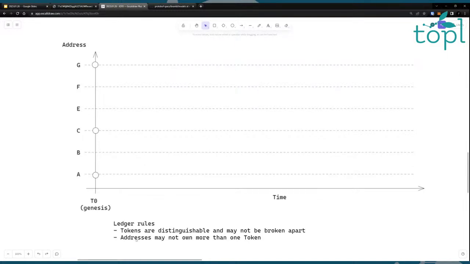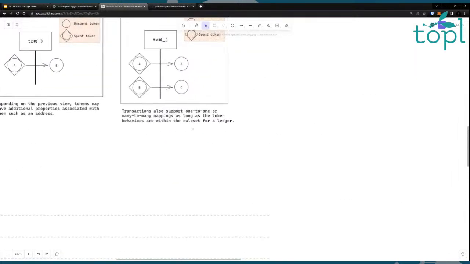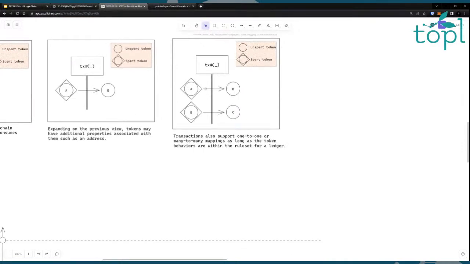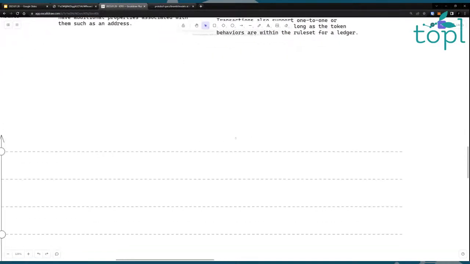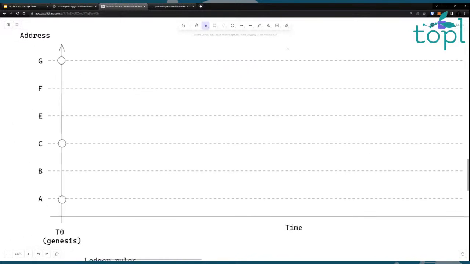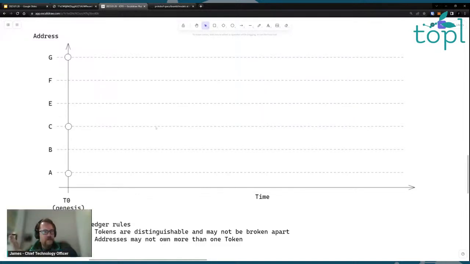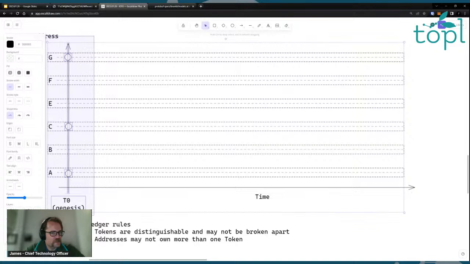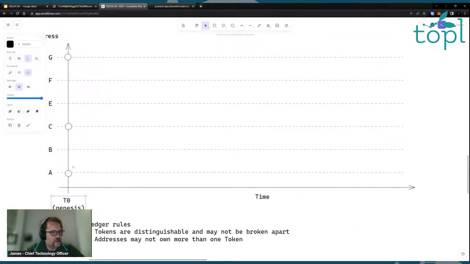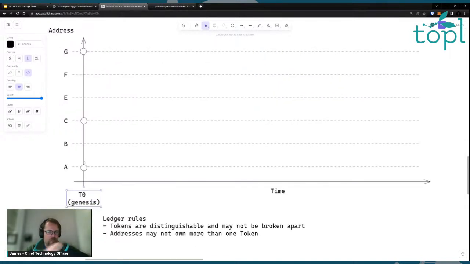And I'm going to add the additional constraint that addresses may not own more than 1 token, which is why I changed this picture to not have 2 A's since it conflicted with this bottom one. Hopefully this little setup makes sense. There's a long time axis, but we're only looking at t equals 0 right now. We're just looking at our initial distribution of where tokens are in this theoretic ledger.